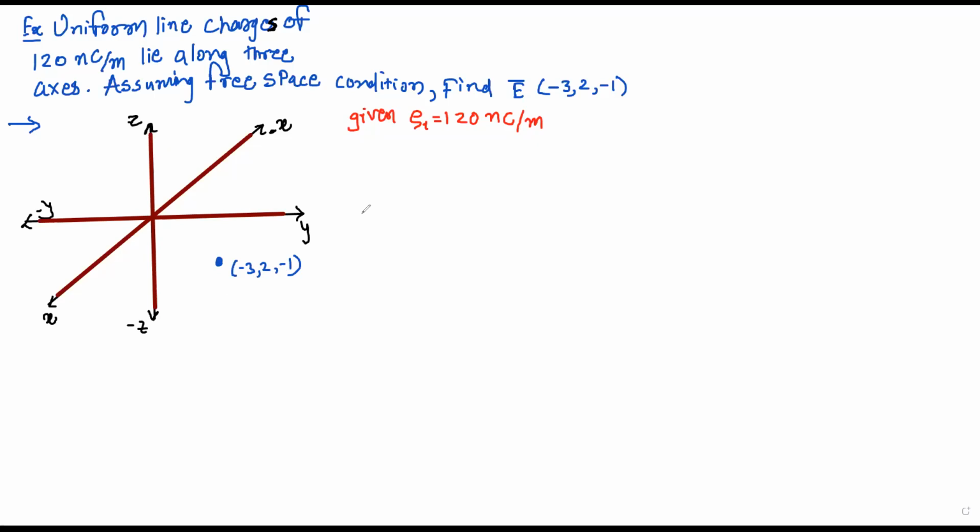So if I project this point on the z axis, it will intersect at -1. If I extend this on the y axis, where will it intersect? At 2. And if I extend this on the x axis, it will intersect at -3.